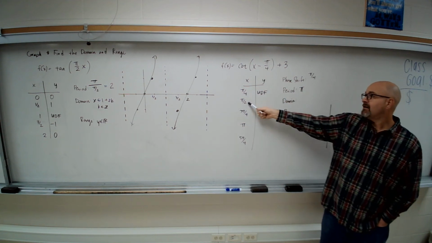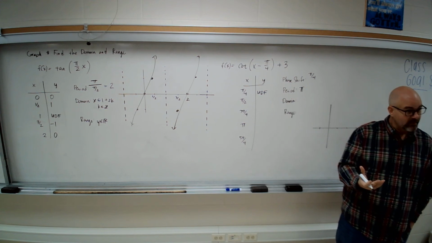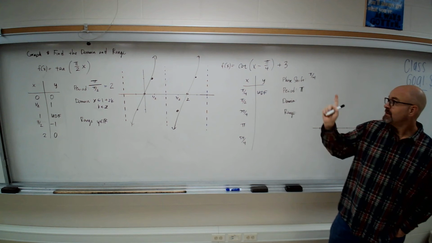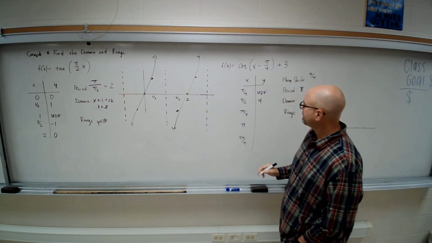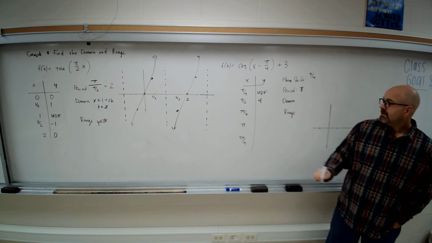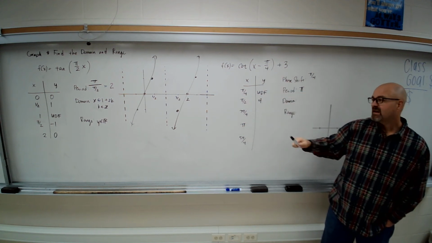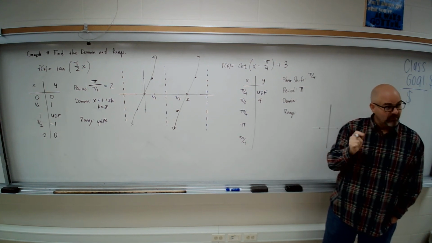Pi over 2 minus pi over 4 is pi over 4. The cotangent of pi over 4 is 1. So we get 1 plus 3 is 4. Okay, we put 3 pi over 4 in.